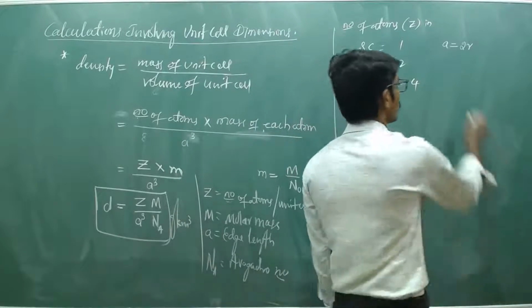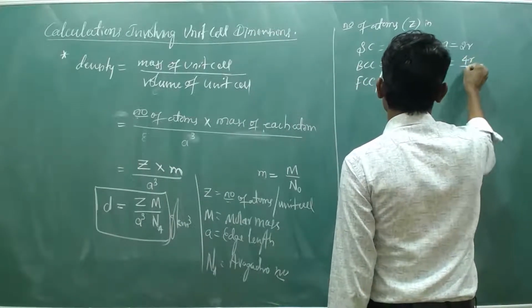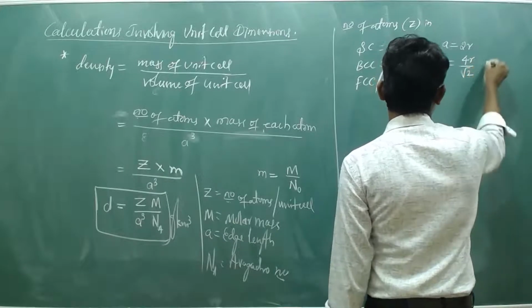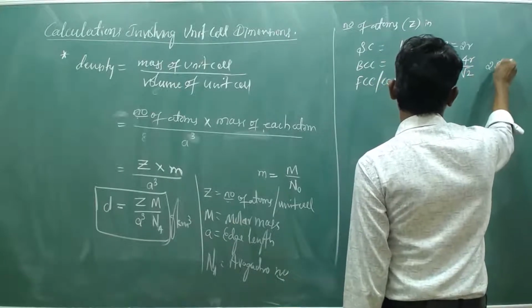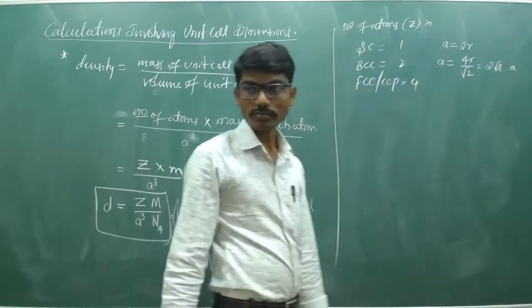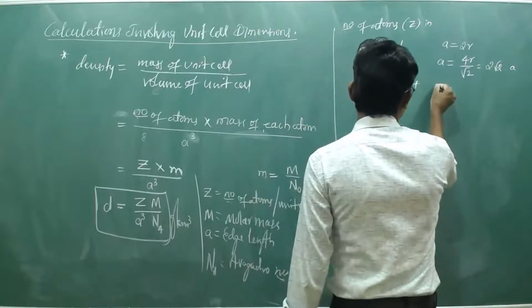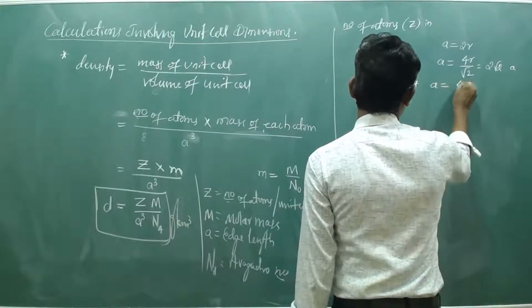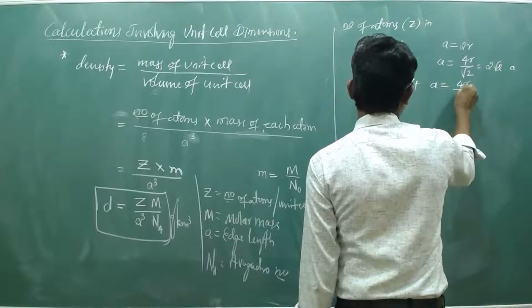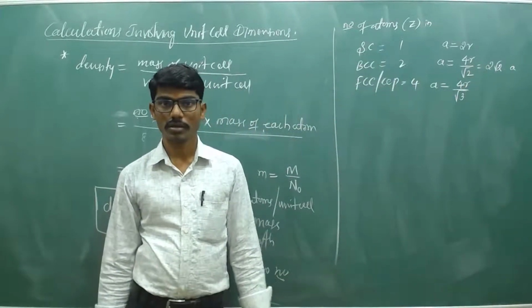Or else a is equal to 4R by root 2. R can be written as root 2 a by 4. Correct? Now, in case of FCC, a is equal to 4R divided by root 2. Correct?